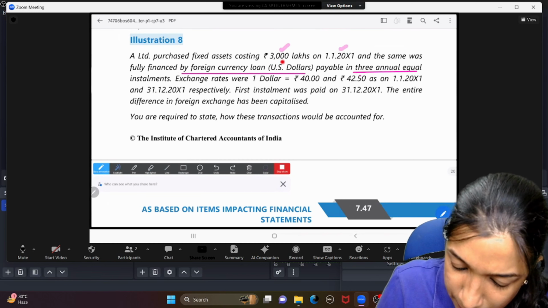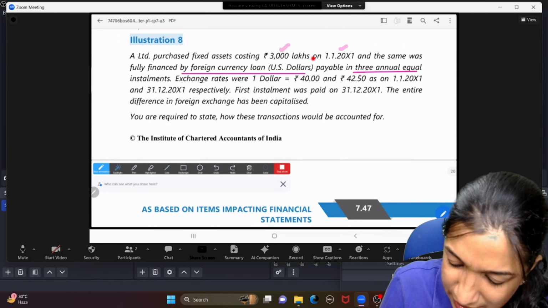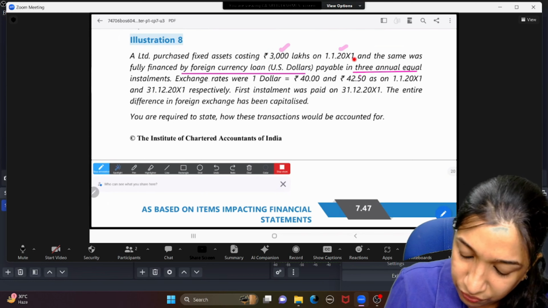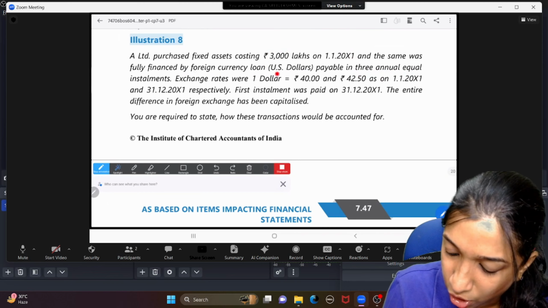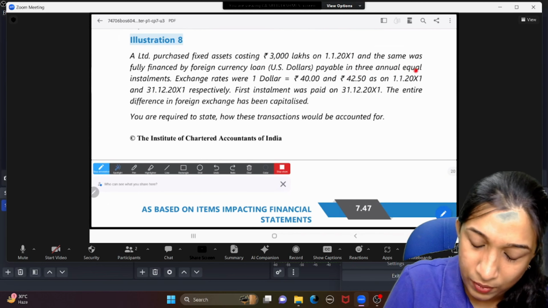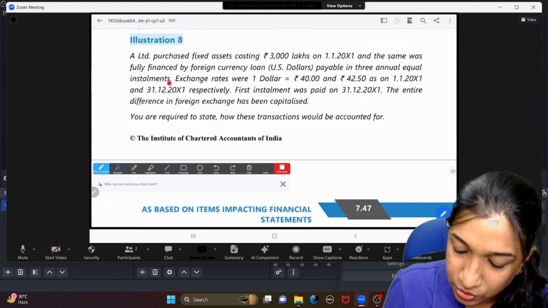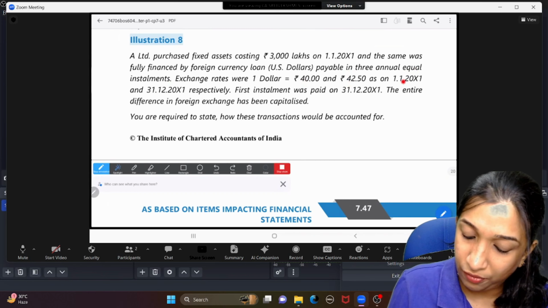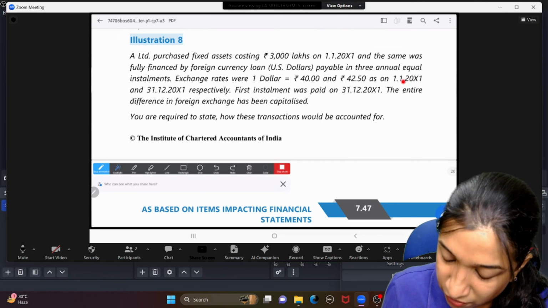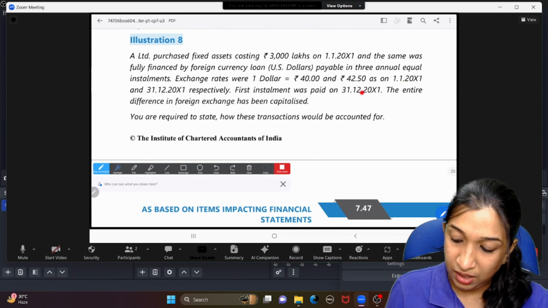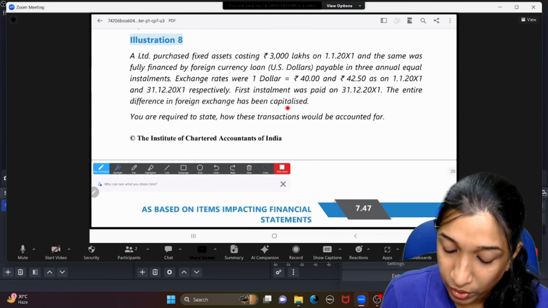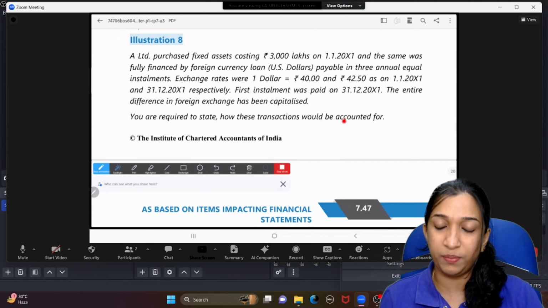The exchange rate is 40 and 42.5 at the beginning and end of the year. First installment was paid on 31st December. The entire difference in foreign exchange has been capitalized. You are required to state how this transaction would be accounted for.